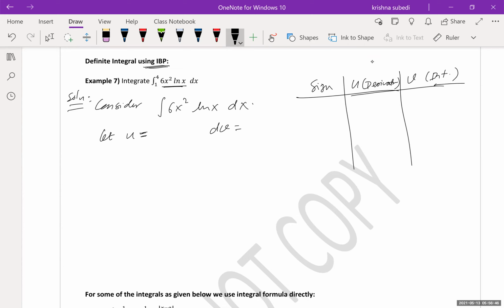Try to complete and let me know what is your integration. Therefore, the integration of 6x squared ln x dx equals, let me know this answer, and then we'll find the integral from 1 to 4 of 6x squared ln x dx, and I'll tell you how to do this at the end.